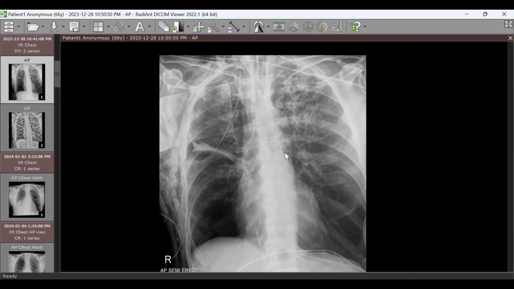When we follow the NG tube, we need to see that it bisects the carina. When we say bisects the carina, the most important point is that it doesn't go into the bronchi. When it bisects the carina, it follows the esophagus anatomy and goes down through the gastroesophageal junction into the abdomen. So the tip is here.